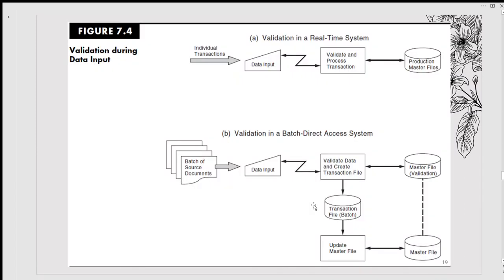So you create a reference against the current master file. This is validation in a real-time system, and this is the batch direct access system.